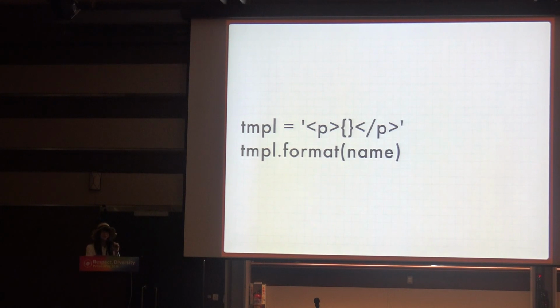Here is an example about a security issue. Another type of example about a security issue is a template, and I use template format to format the name into it. Could anyone find the problem? You can raise your hand.